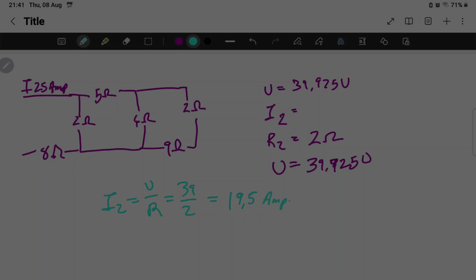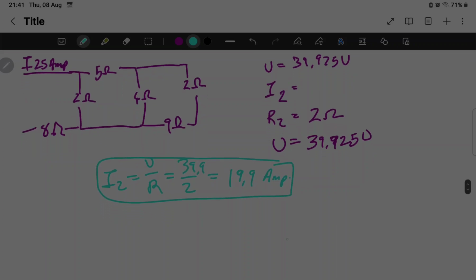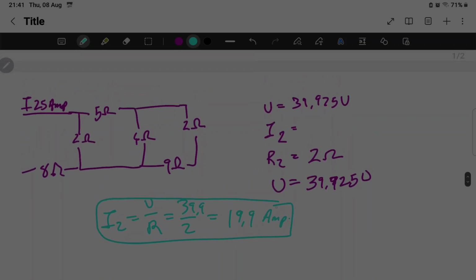Okay, wait, this is 19.9 amps, something like that. So there's your answer. That's your current at 2. So now that's how you find the current at 2. You can do basic maths, and you could just subtract 25 and 19.9, and that would be your current at 5. So your current at 5 would be 5 amps.